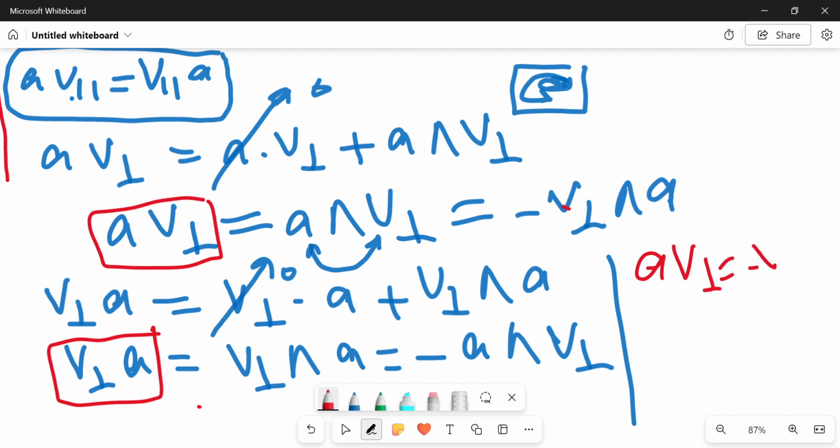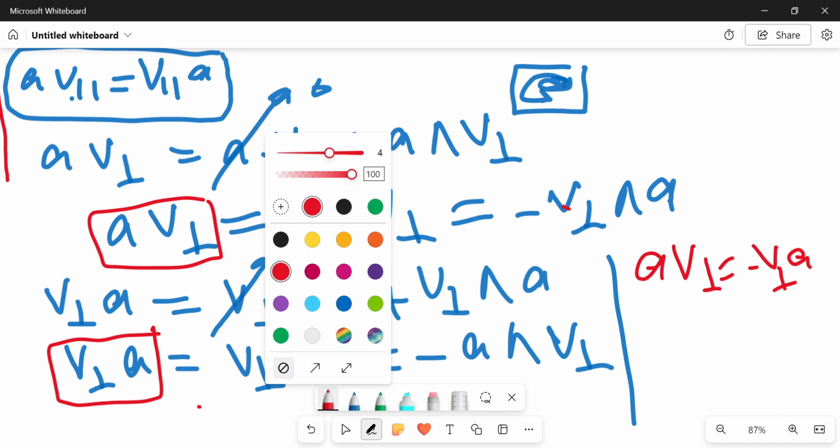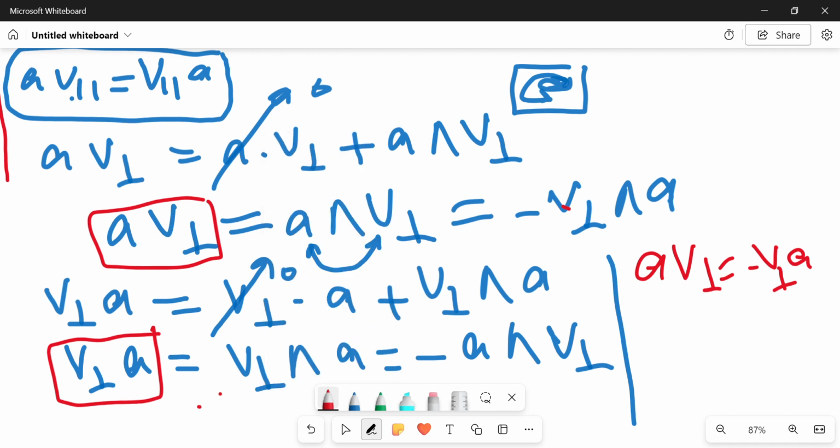So A V perpendicular is the negative of V perpendicular A as a geometric product. So we have two things now.